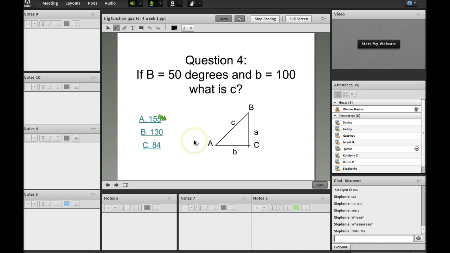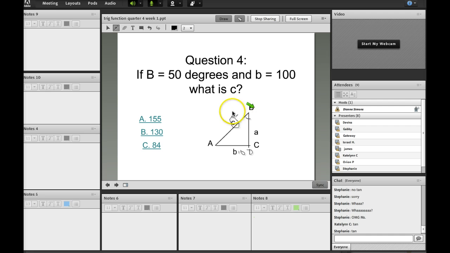All right. So now we have that angle B is 50 degrees and side B is 100. We want to know what C is. So what are we going to use? We know that this is 100. Sine, cosine, or tangent? And this is angle B. Sine, cosine, or tangent?